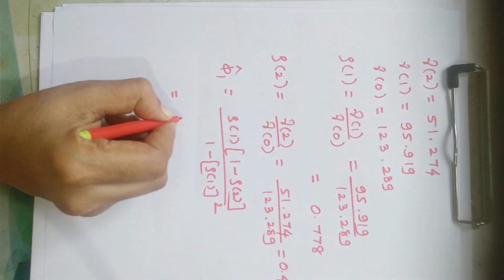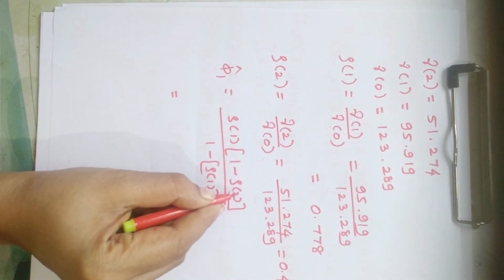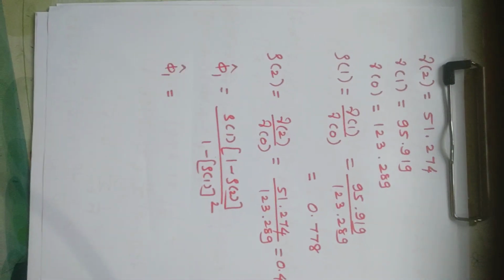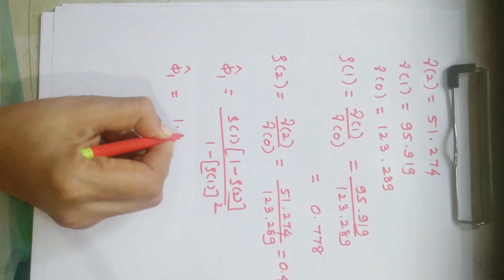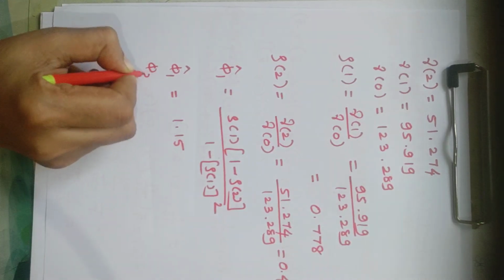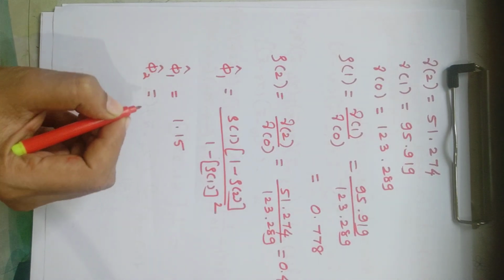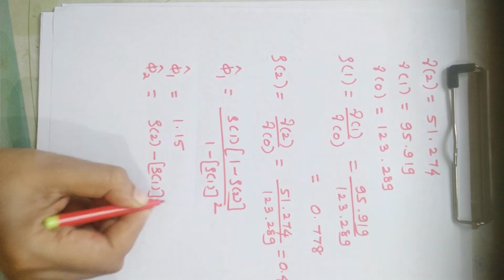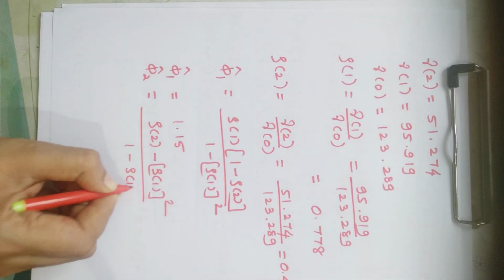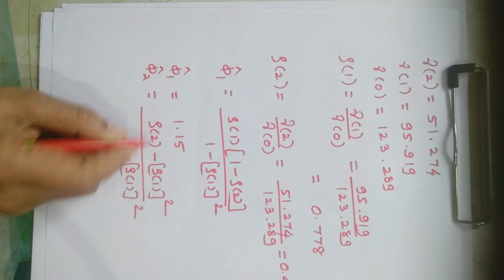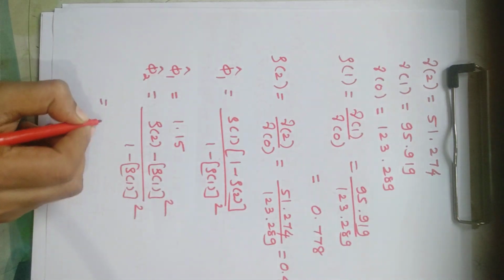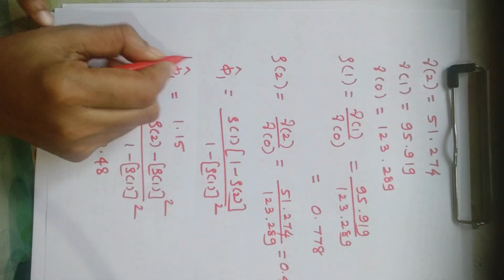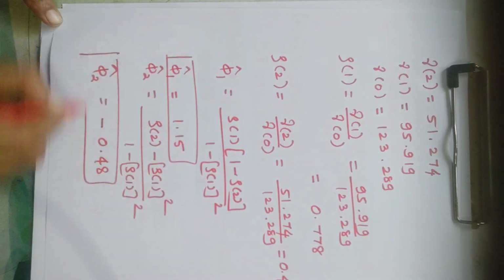Substituting rho of 1, rho of 2 in this, we have phi 1 cap is equal to 1.15, and phi 2 cap formula is rho of 2 minus rho of 1 square upon 1 minus rho of 1 square. Substituting values of rho of 2 and rho of 1, we have the value of phi 2 as minus 0.48. So these are the estimated parameters of the AR2 model.